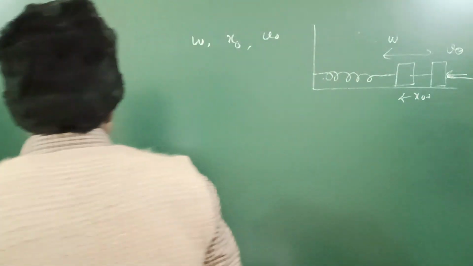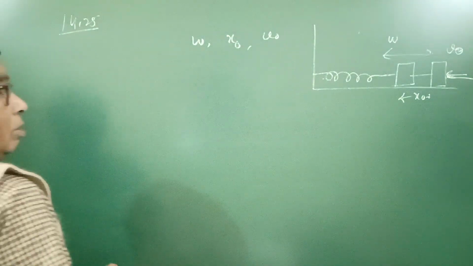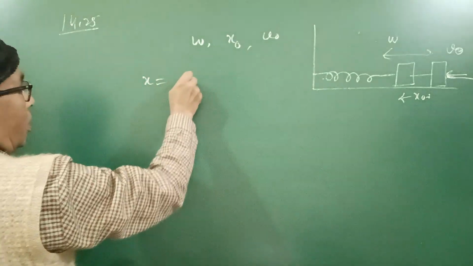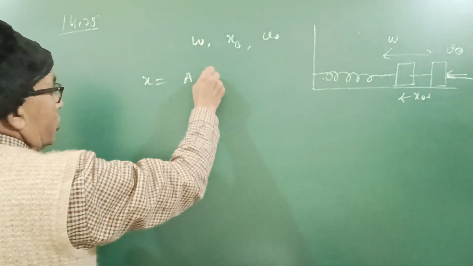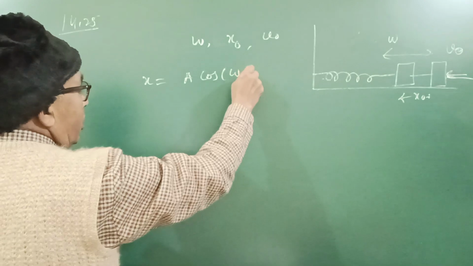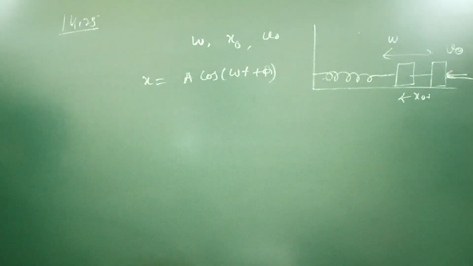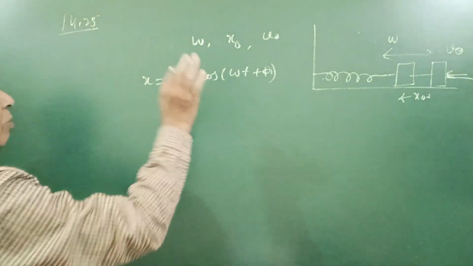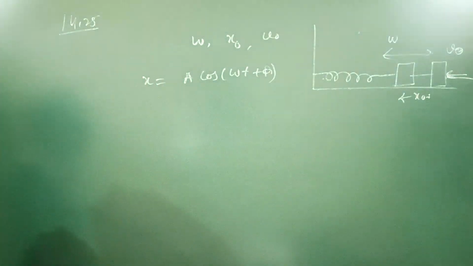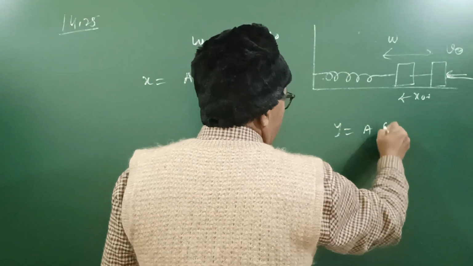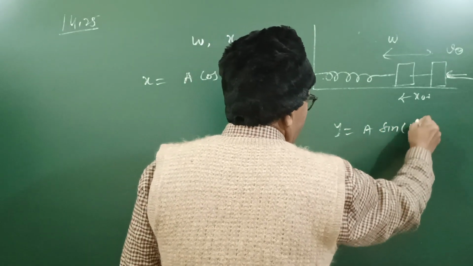So we know, if I take x equal to a cos(omega t plus phi), suppose I take this equation of SHM, or you can take y equal to a sin(omega t plus phi), but that does not matter.